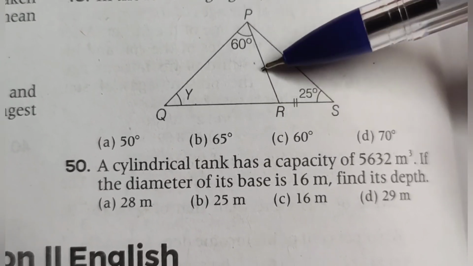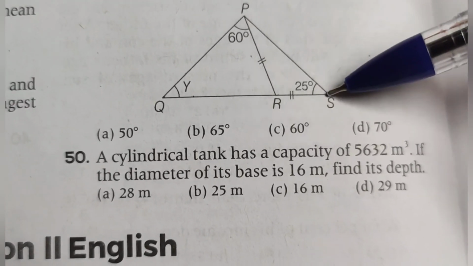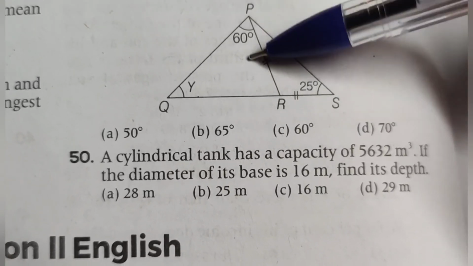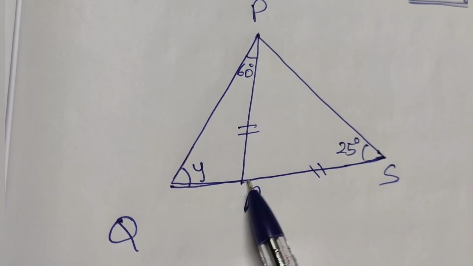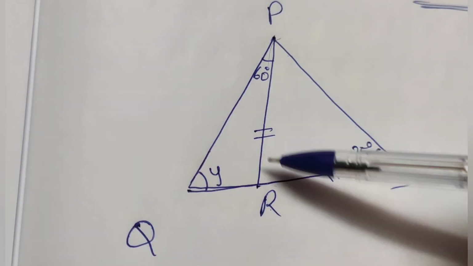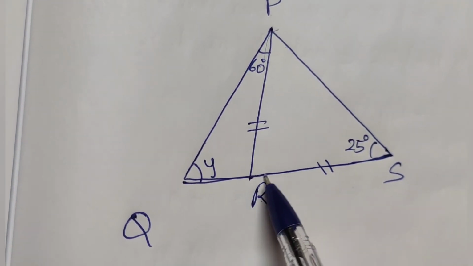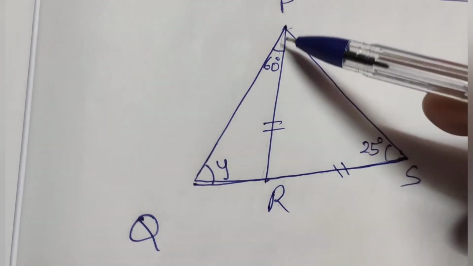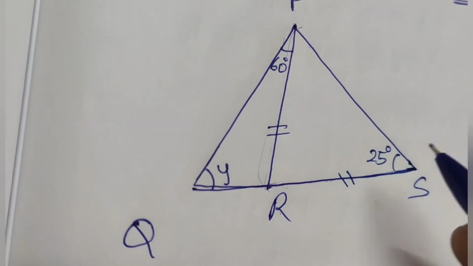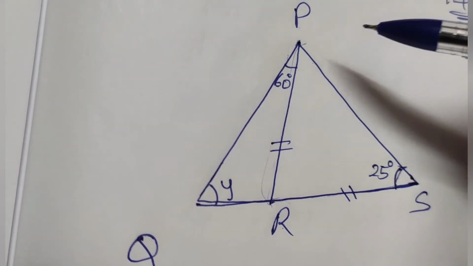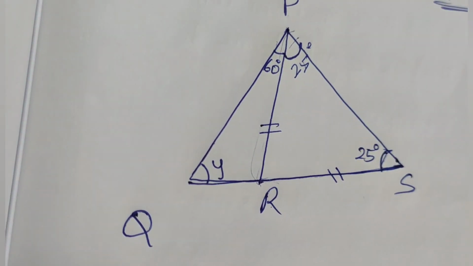When two sides are equal, the triangle is called an isosceles triangle, and the base angles opposite the equal sides are also equal. If this is 25 degree, then this angle is also 25 degree.